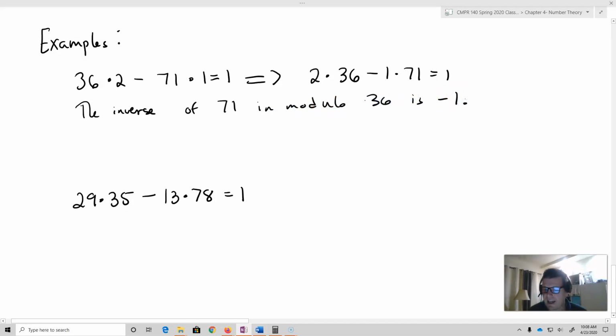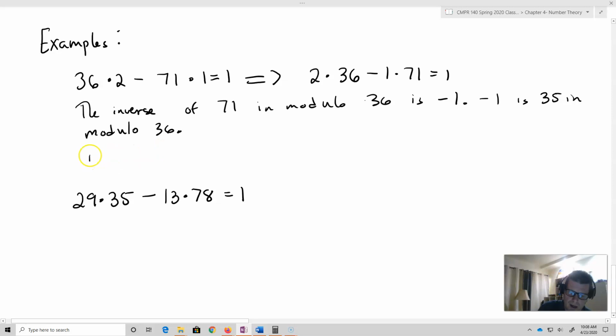And just to give you a sense, negative 1 is 35 in modulo 36. So basically it is negative 1 plus 36.